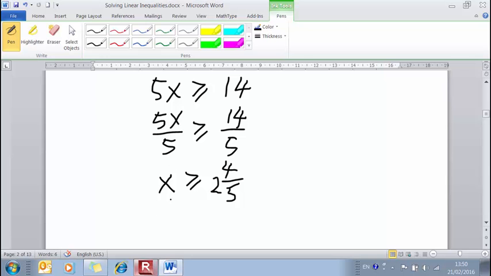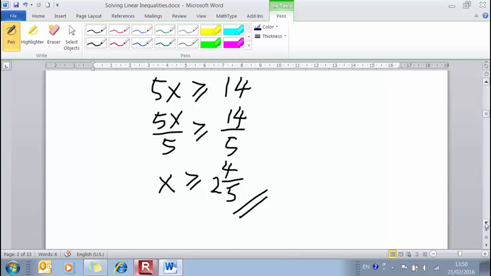And you notice that in this example, we do not flip the inequality sign because we do not multiply the inequality by a negative number as well as dividing it by a negative number. And this is our solution.